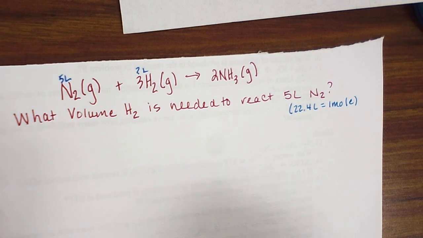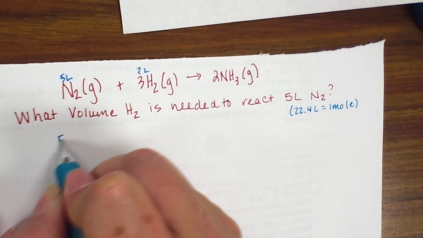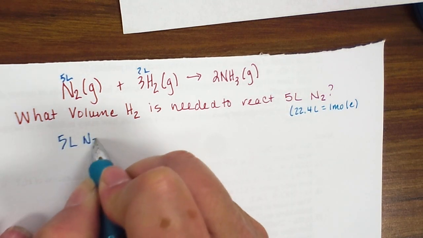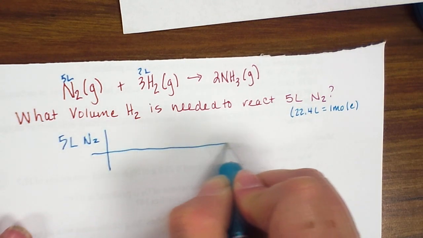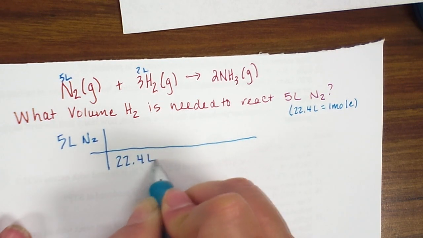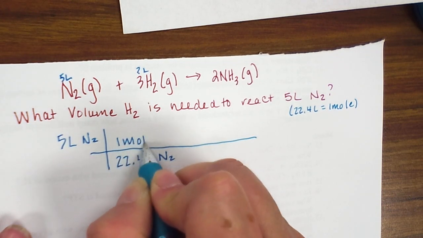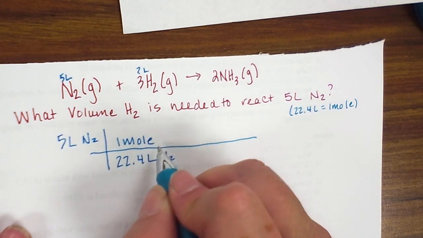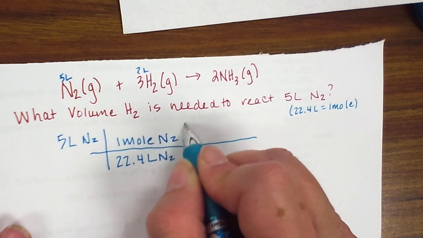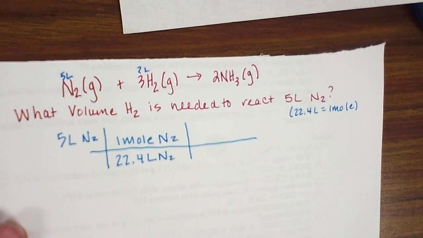Right? So I'm going to start with 5 liters of nitrogen. And I have to get to moles. So 22.4 liters of N2 to 1 mole of N2. Right?